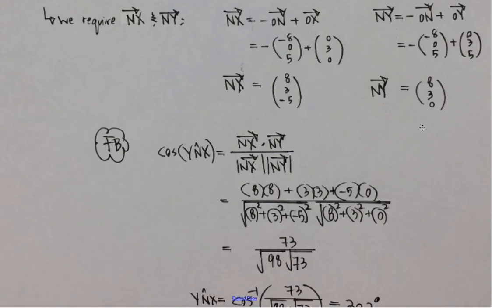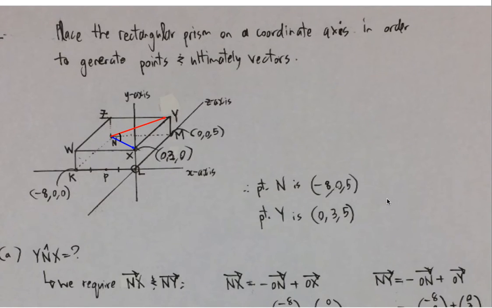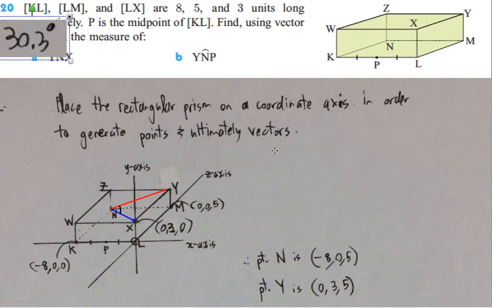Once you have that, you can use cos inverse, make sure you're in degree mode, and you'll find that the angle between the two vectors is 30.3 degrees. So if we go back up to our drawing, the angle between those two vectors we were looking for is 30.3 degrees.